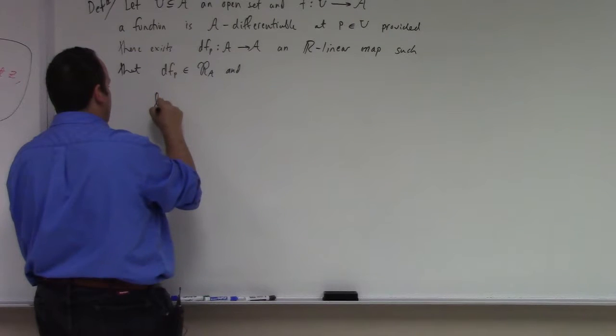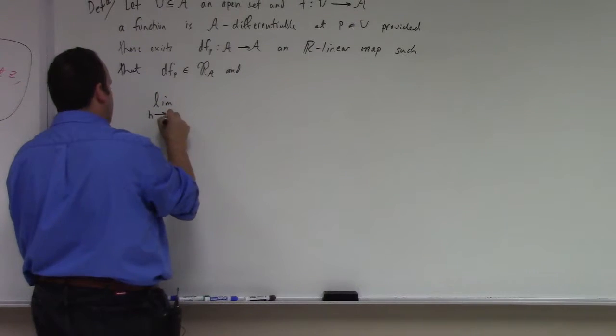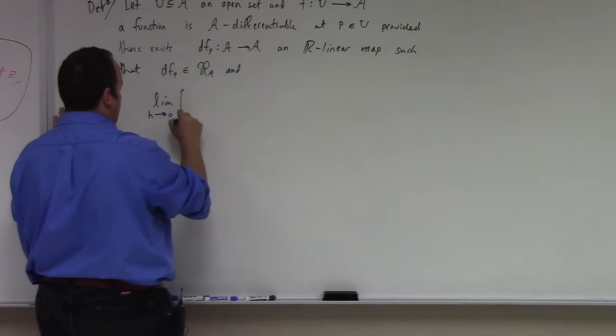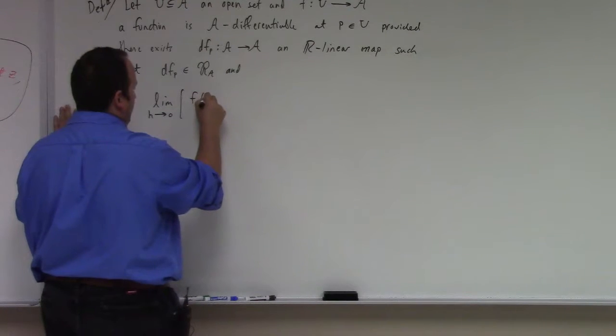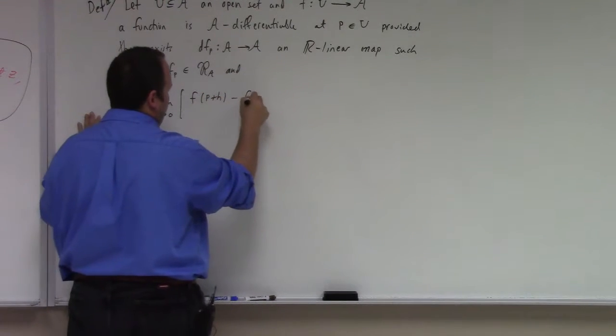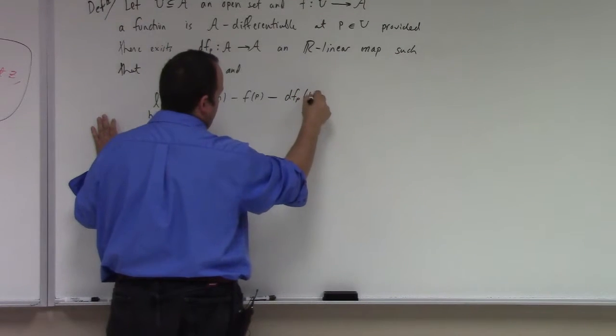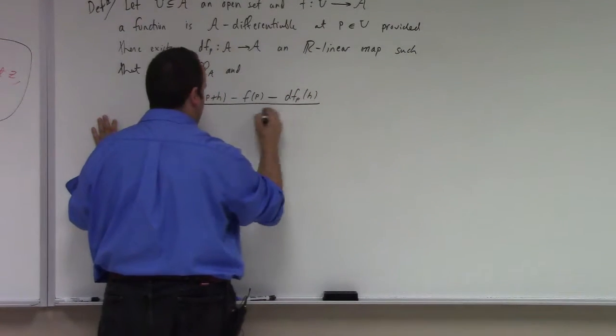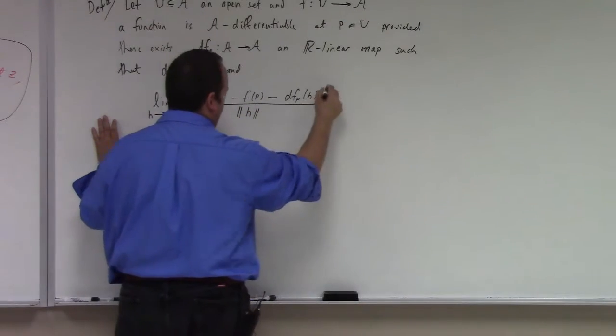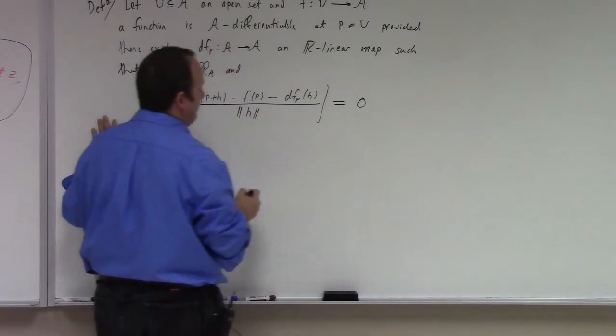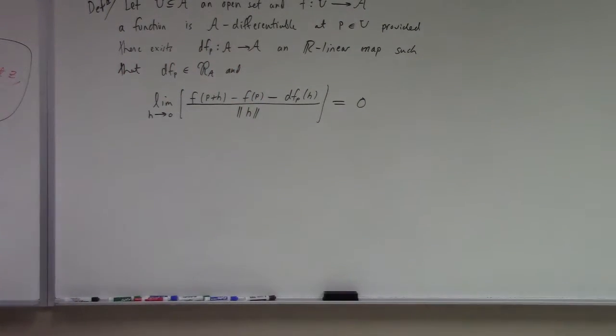The limit as h goes to 0 of f of p plus h minus f of p minus DFP of h, divided by the norm of h, is equal to 0.